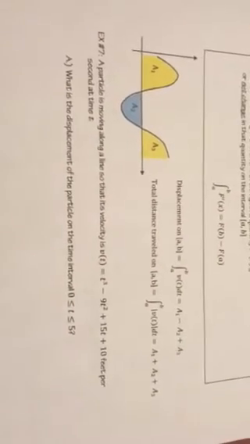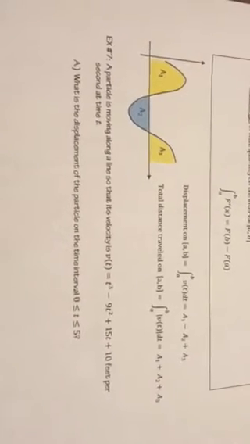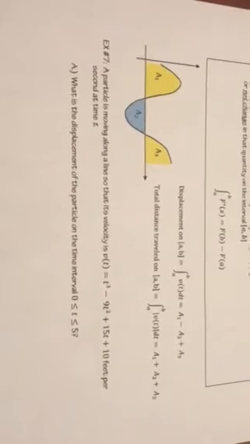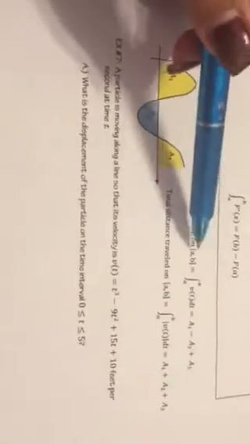A particle is moving along a line so that its velocity is given by this function, in feet per second at time t. What is the displacement of the particle on the time interval from 0 to 5? Well, displacement is just taking the integral from a to b of our function without changing anything.